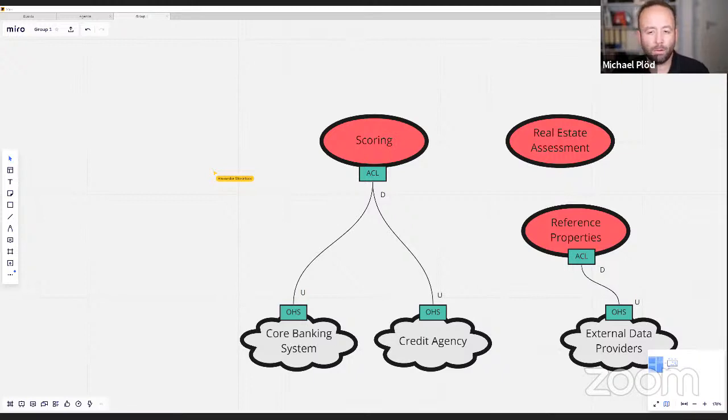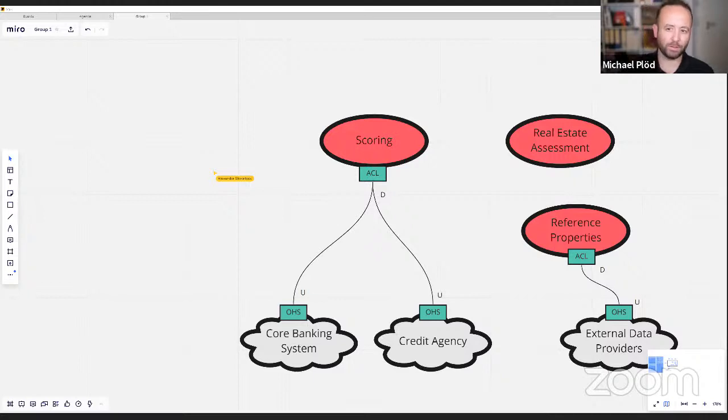Now, which pattern is suitable when you have a set of rules in scoring, and let's say we calculate points, a point-based score and a no-go criteria-based score. What if we have the following set of rules? The repayment percentage equals points in scoring.